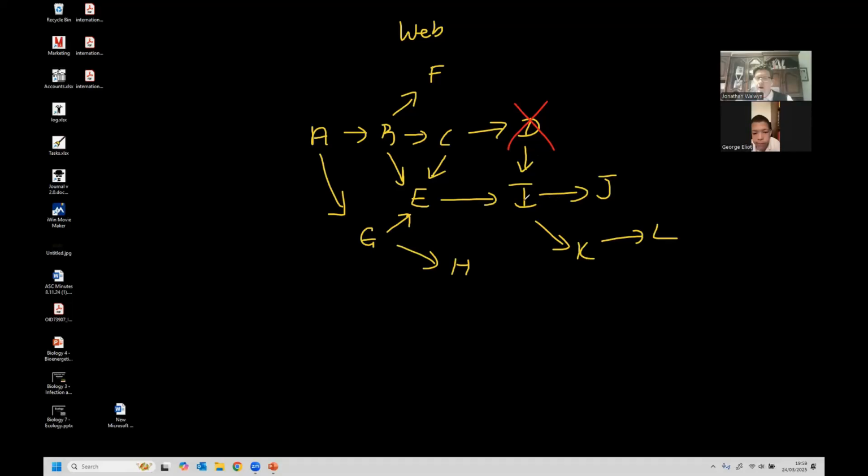What effect does that have on I? That means I won't be able to eat D, which means it will decrease the amount of I. Excellent.